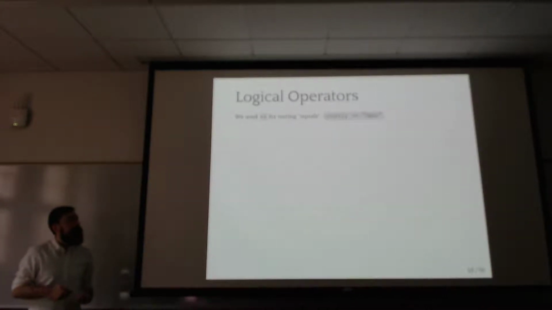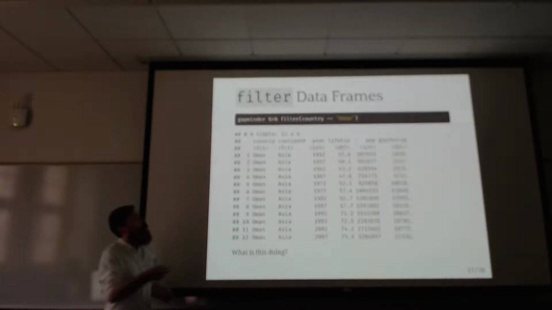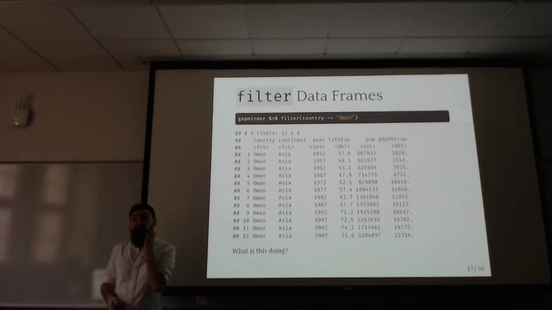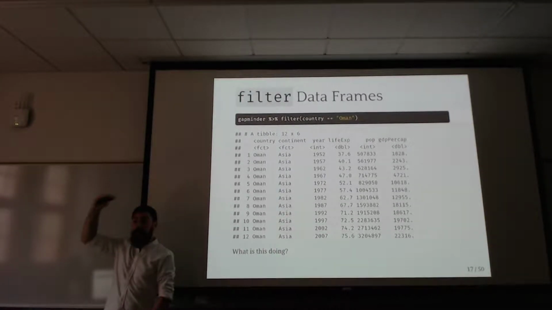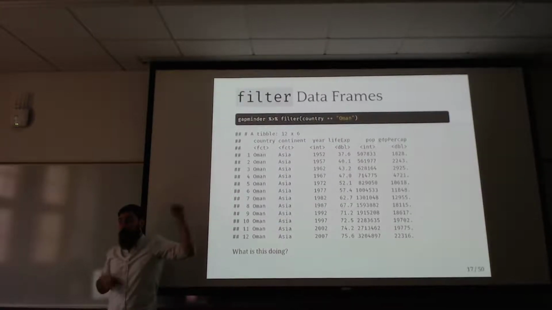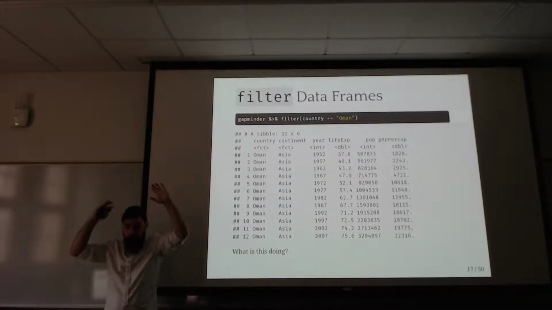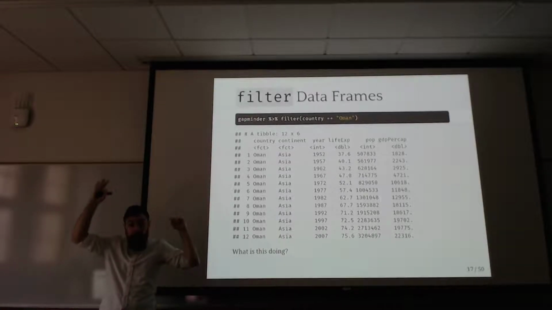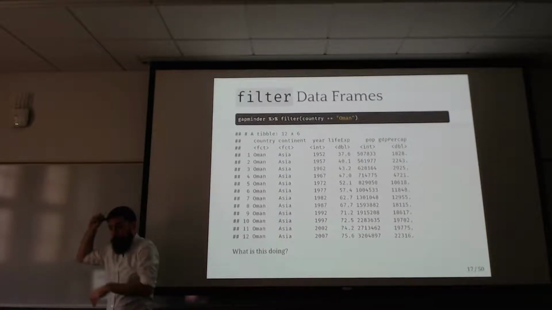If you actually saw the output of just country equals Oman on this data frame, it's going to be a big series of trues and falses. Anytime country is exactly equal to the word Oman, it would return a true. Anytime it is not equal to Oman, it would return a false. All dplyr is doing with the filter command is returning the rows that have a true associated with them and getting rid of the ones with a false.